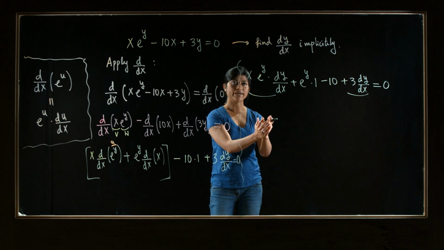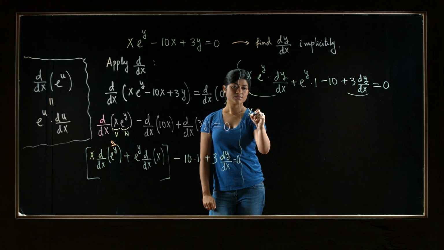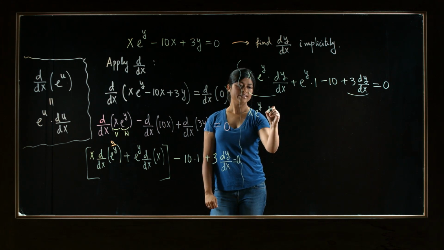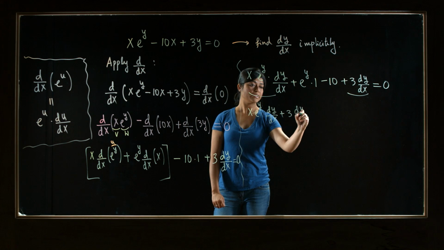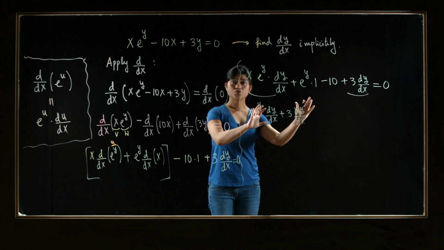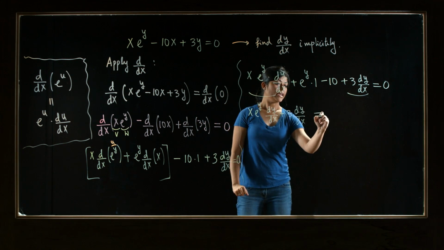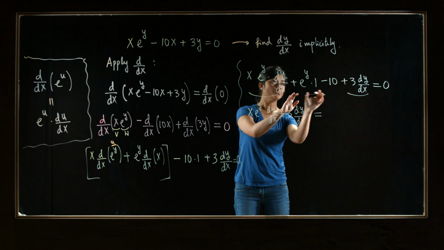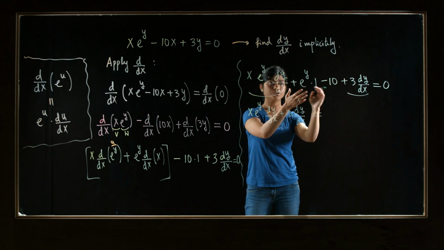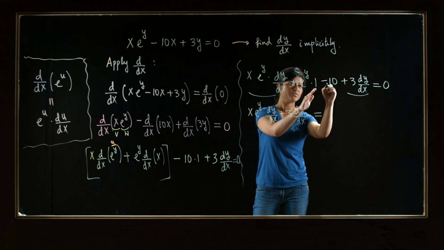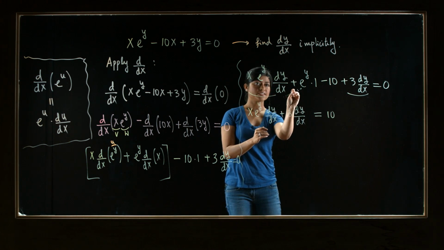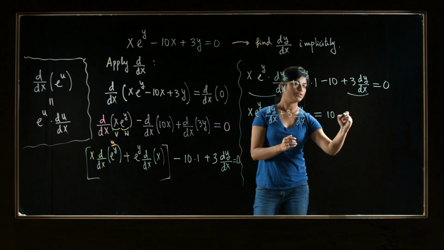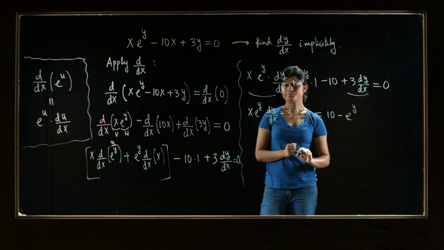So combine them together: x e to the y dy dx plus 3 dy dx. Those two, keep on the left, and then to the right side of the equation, move the other two terms because there is no dy dx. One term that is plus 10, you move to the right, and then e to the y has a plus sign, so when you move it, you get negative e to the y.